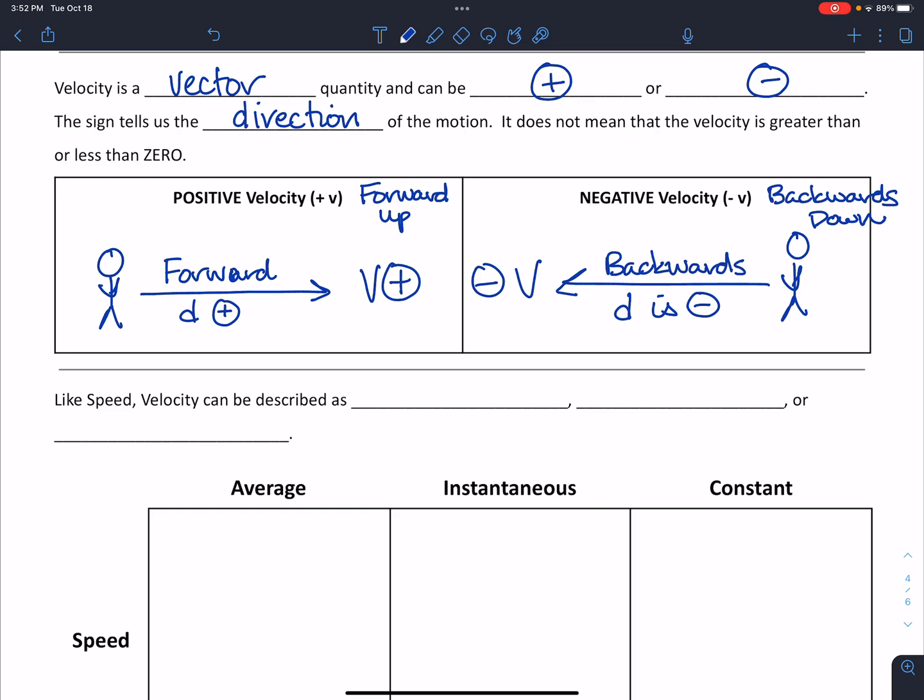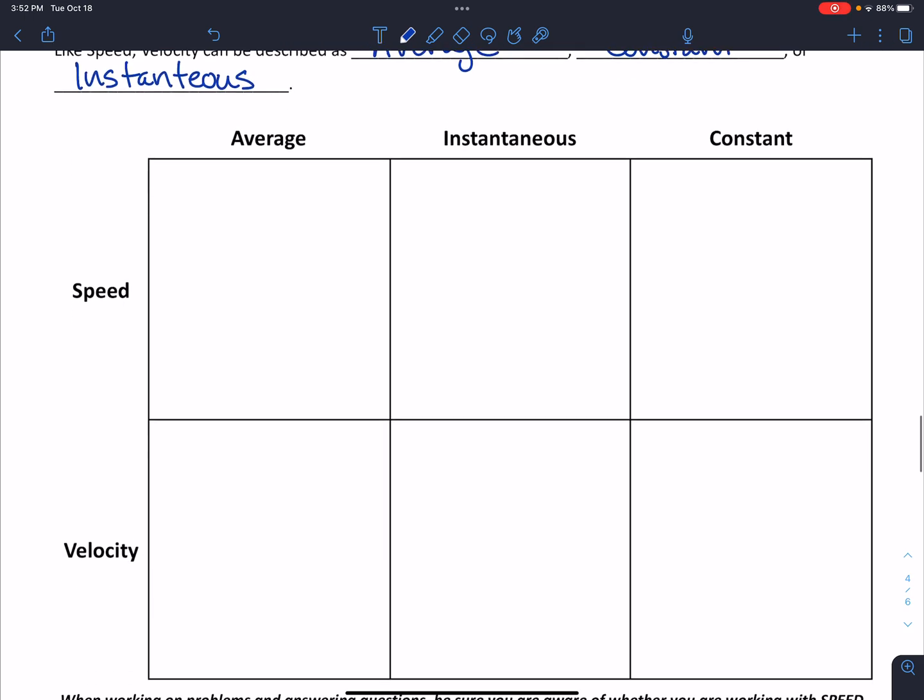Now, just like speed, velocity can be described as average velocity, constant velocity, or instantaneous velocity. So let's talk a little bit about each one of those.